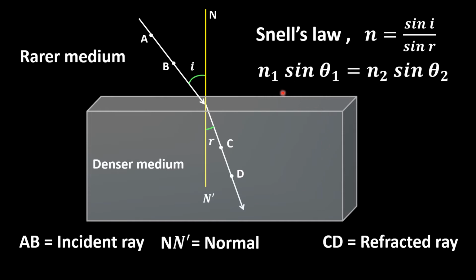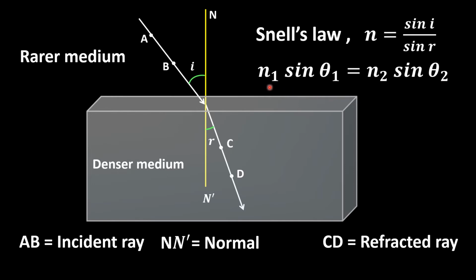So here you see, n1 is less. You may ask which one can be taken as theta 1 and which one can be taken as theta 2.